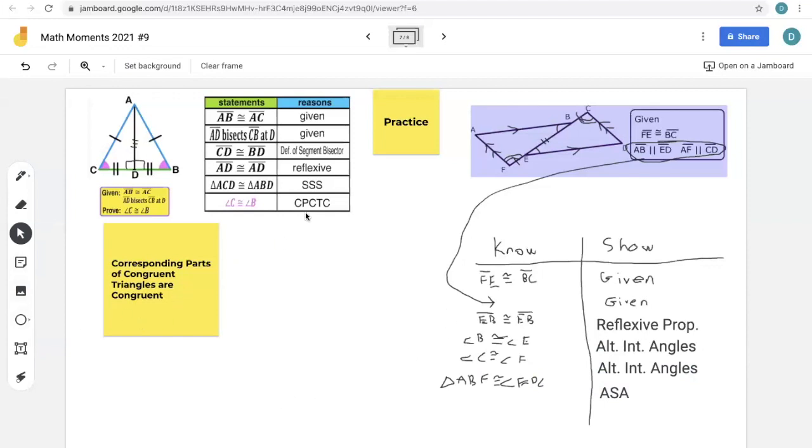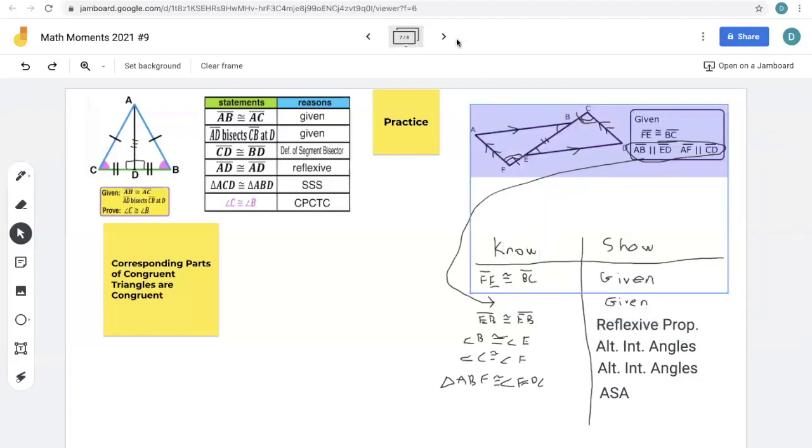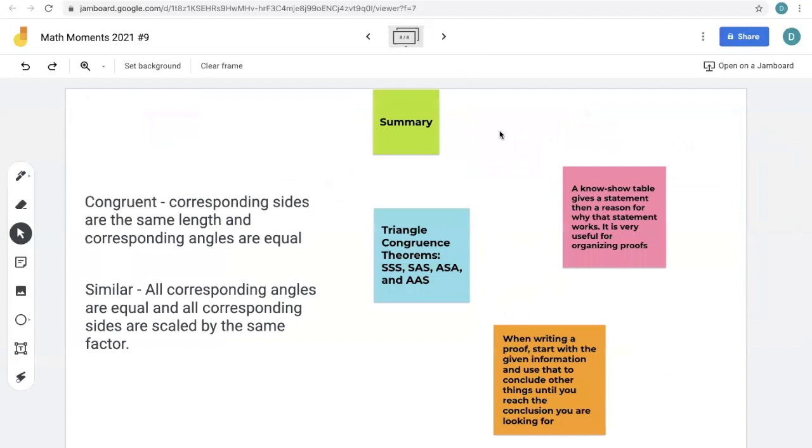So that is basically how you fill in an entire two-column table. Just start with what you're given and then use the theorems that you know to conclude something new. So to summarize, congruent triangles are triangles with corresponding sides that are the same length and corresponding angles that are equal.